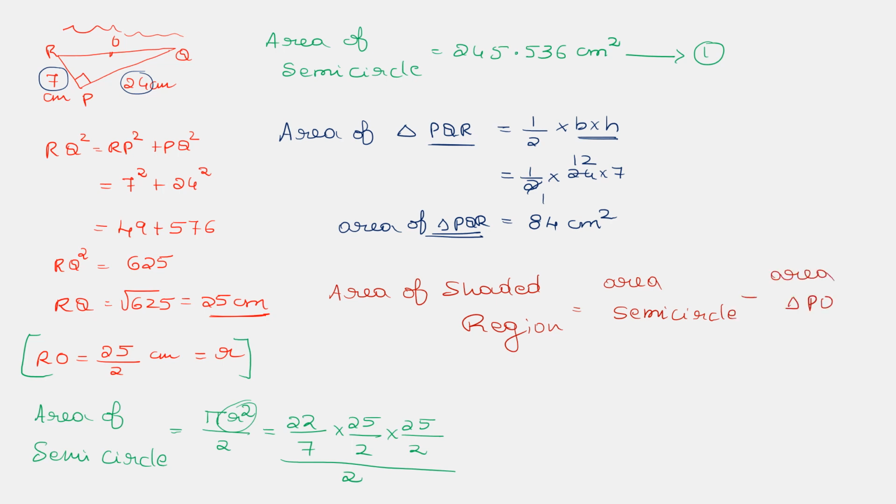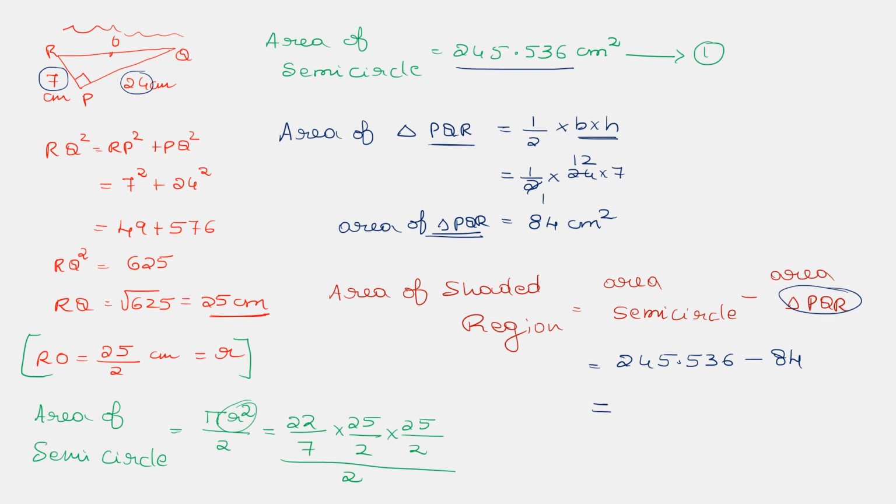area of triangle PQR. So when we substitute the values, whatever we got, area of semicircle is 245.536 centimeter square, minus 84, which is the area of triangle PQR.